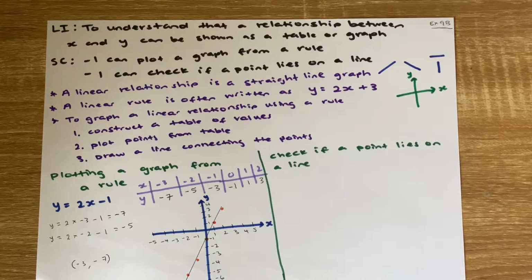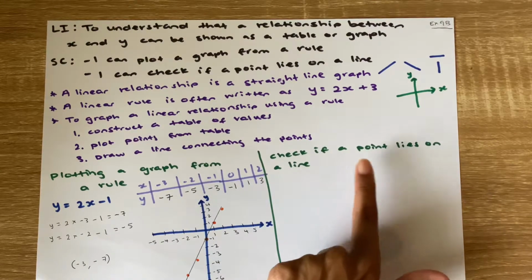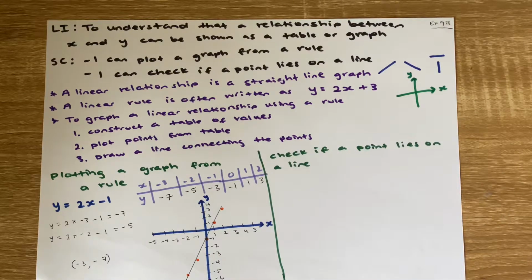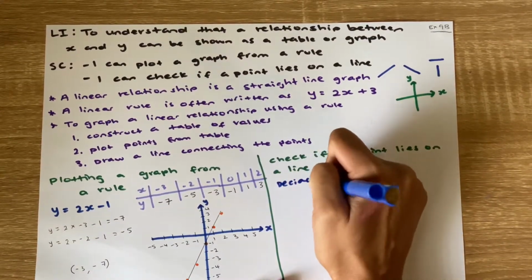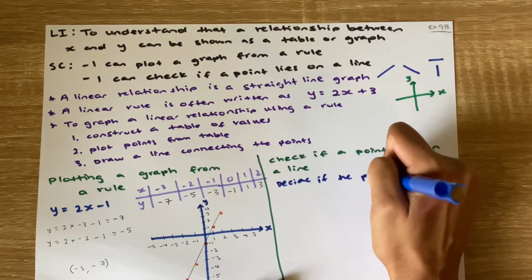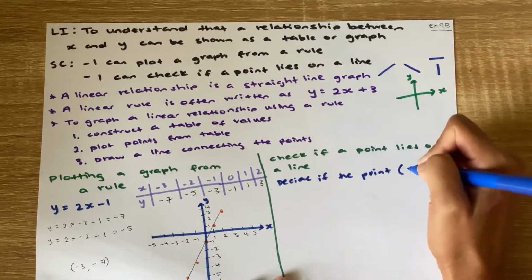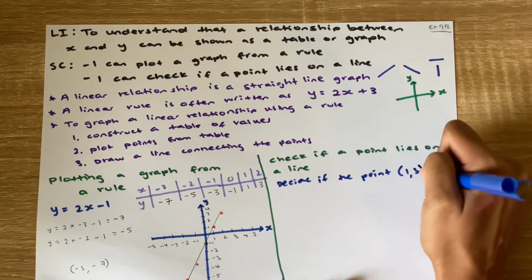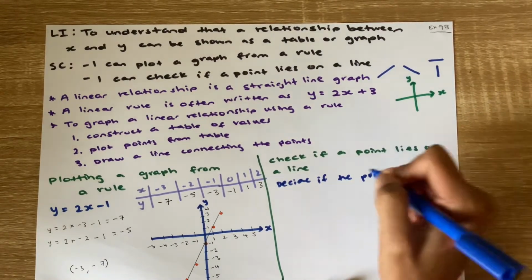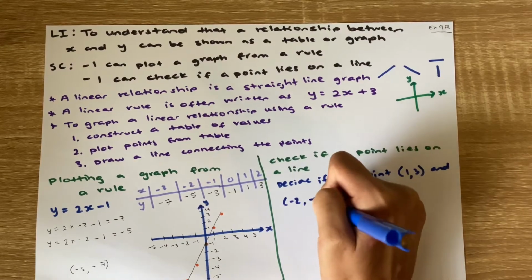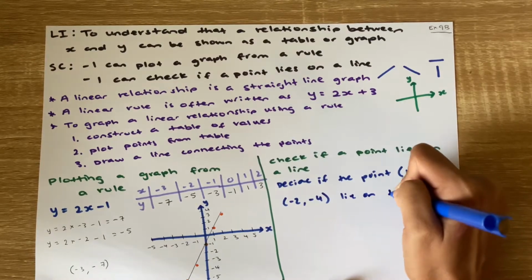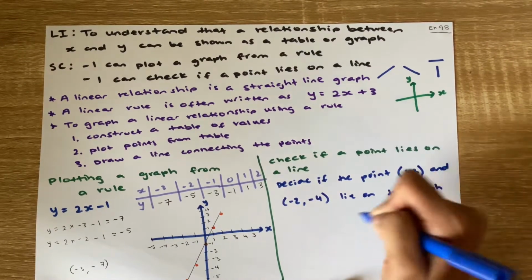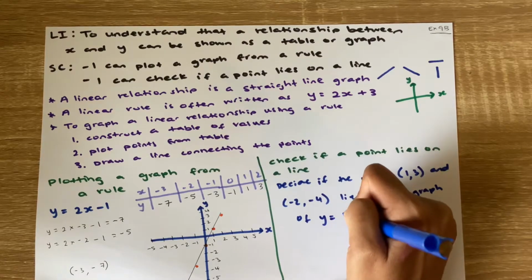What we are now going to do is check to see if a point lies on a line. All right, so a kind of question that you can get for this is, we can be asked, decide if the points, and they're going to give you coordinates, so 1, 3, and -2, -4, lie on the graph of y equals 3x.